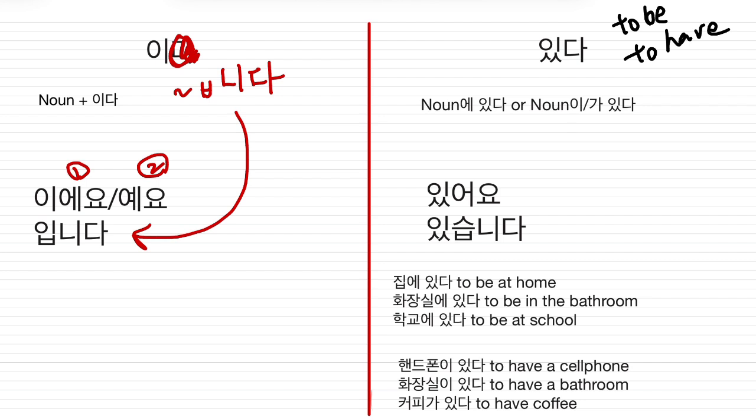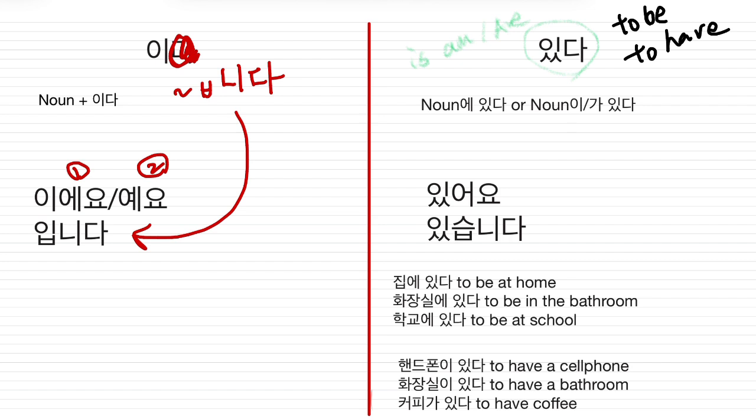And then it will only have the meaning of to be when referring to locations. You can use 있다 in order to say is, am, are at a location.